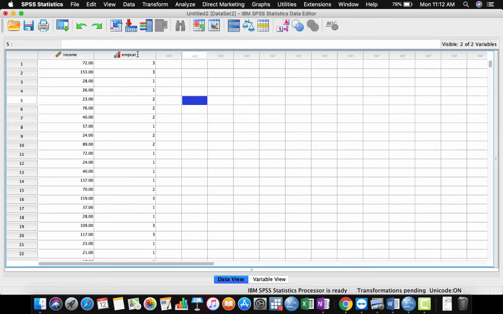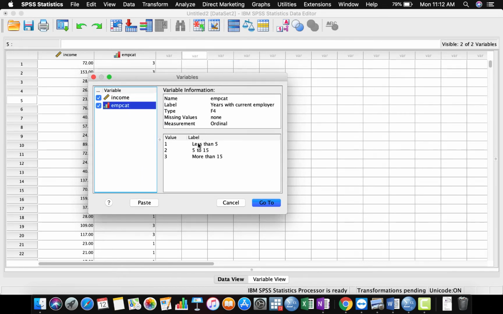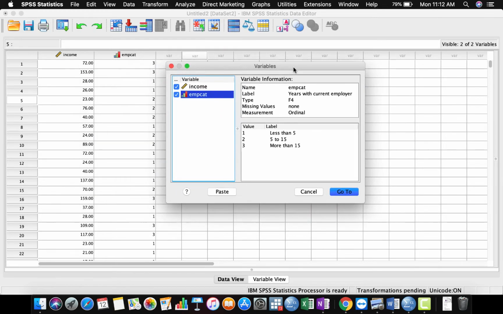What we want to know is whether the income of an employee working less than 5 years is the same as a person working between 5 to 15 years, or the same as an employee who works more than 15 years.